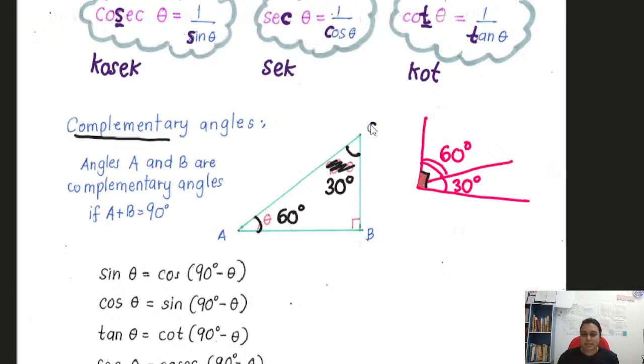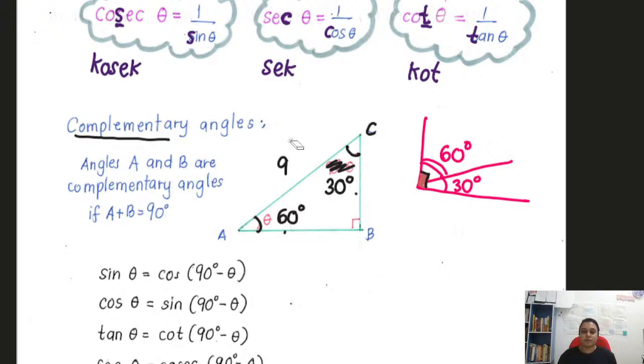So A plus C should be 90. It's supposed to get 90. A plus C you're supposed to get 90. So the 60 and 30 are complementary.